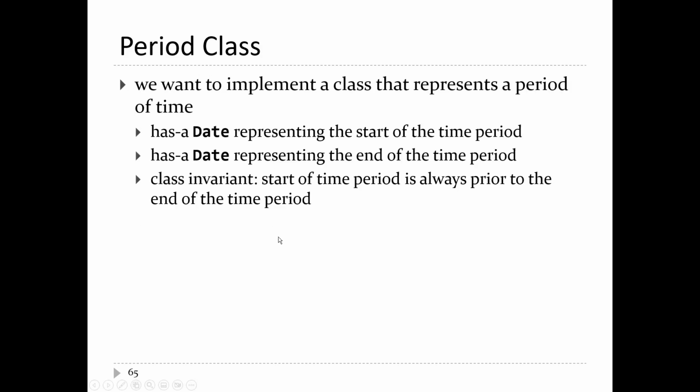We're going to implement this class, and we're going to use the class called Date to represent the start and end times. The Date class comes from the package java.util, and it's a class that can represent an instant in time. We're going to have the invariant that the start time of the period is always before the end time.